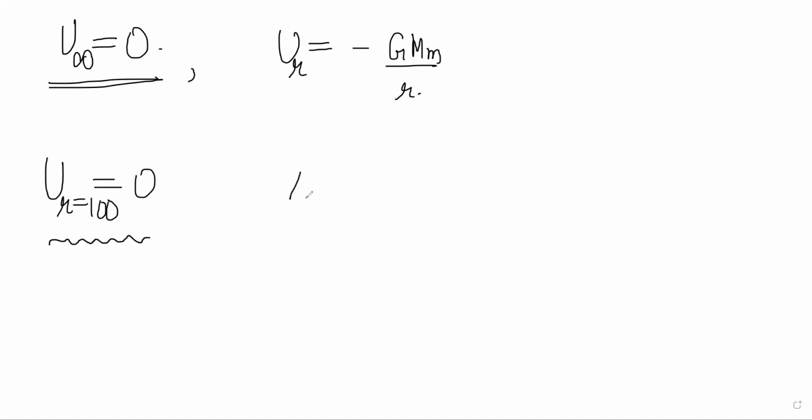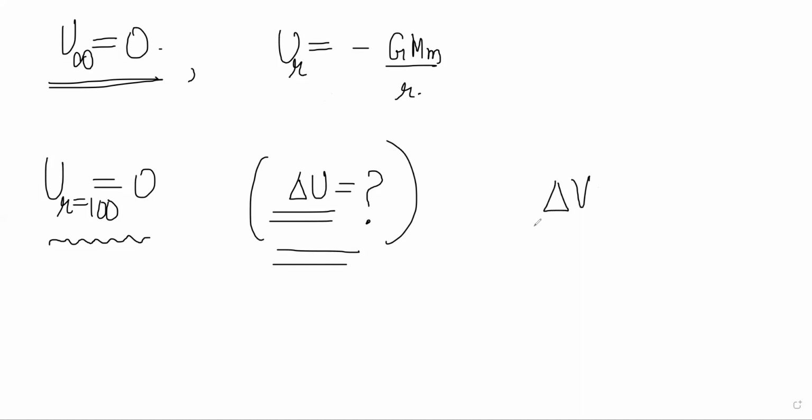But ultimately it doesn't matter because delta U matters. In work done calculations, delta U matters. So individual values of potential don't matter so much. Similarly, because delta U is the crucial thing, delta V again is the crucial thing in calculations.